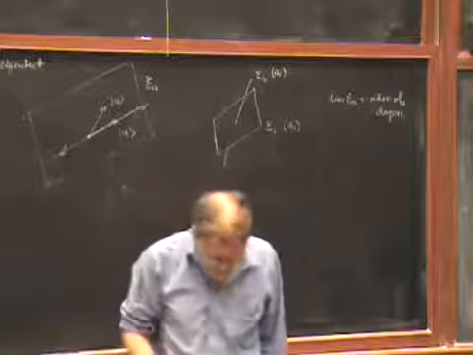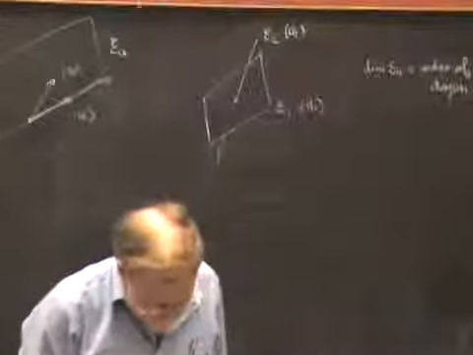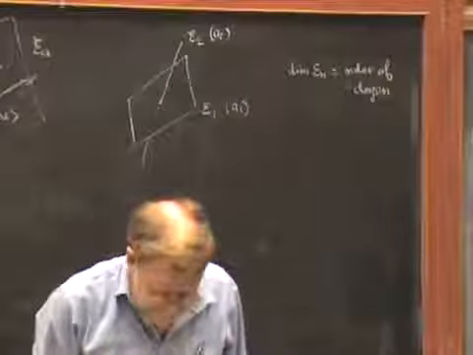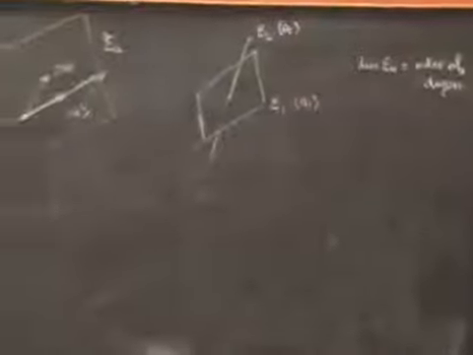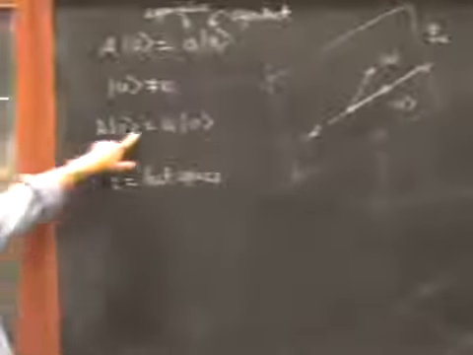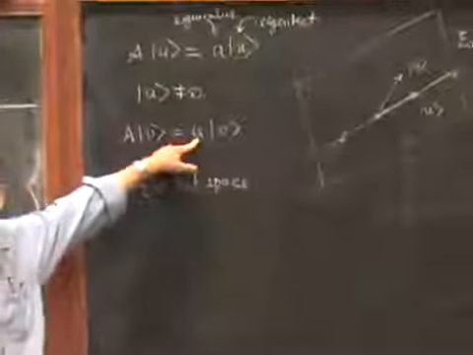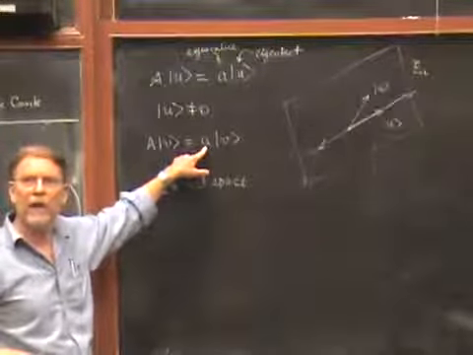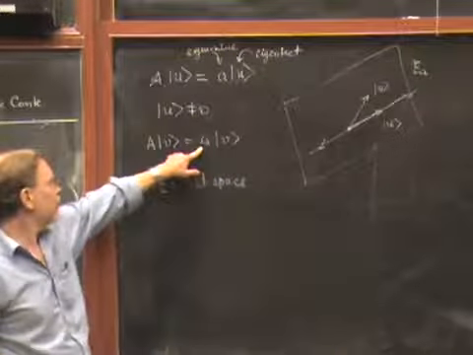The order of the degeneracy is always at least 1, but it could be greater than 1. All right. Now, another thing that comes out of this is that a given operator A is associated with a collection of numbers, generally complex numbers, which are the possible eigenvalues of A. That has a terminology.